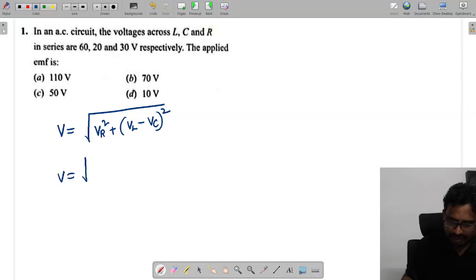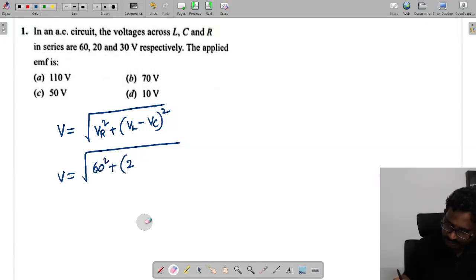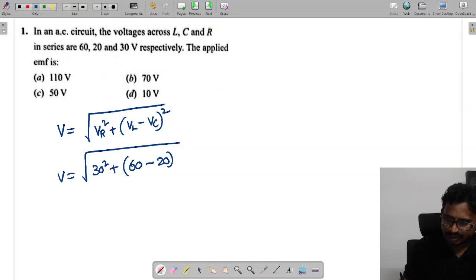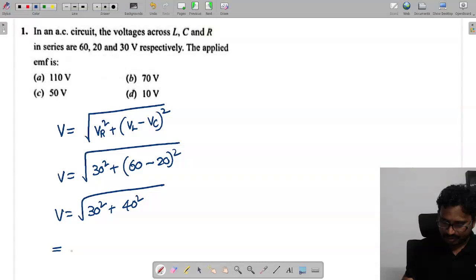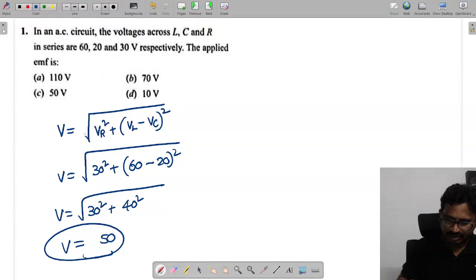So V is equal to square root of VR square, means 60 square, sorry, resistor is how much? 30. 30 square plus inductor 60 minus capacitor 20. So we get square root of 30 square plus 40 square, and this is nothing but 50. This is a standard right angle triangle, you might remember. Check karo.